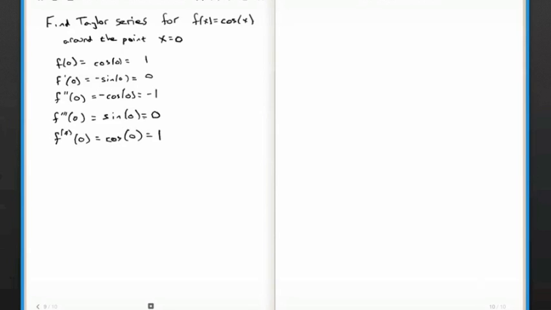Now this alternating every other thing is going to be a little tricky. So basically what I'm going to suggest is that we just neglect these. So we're really only interested in the even terms. So what I'm going to suggest we do is say that f of 2n, right?